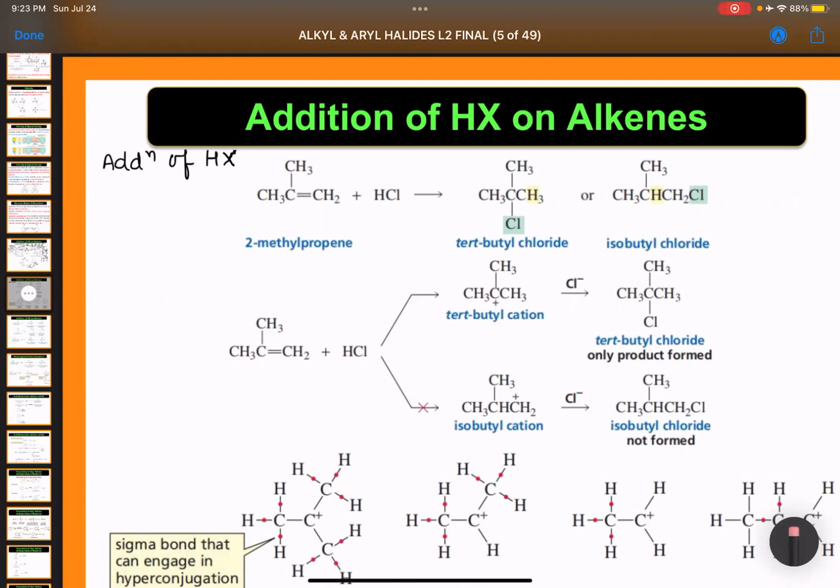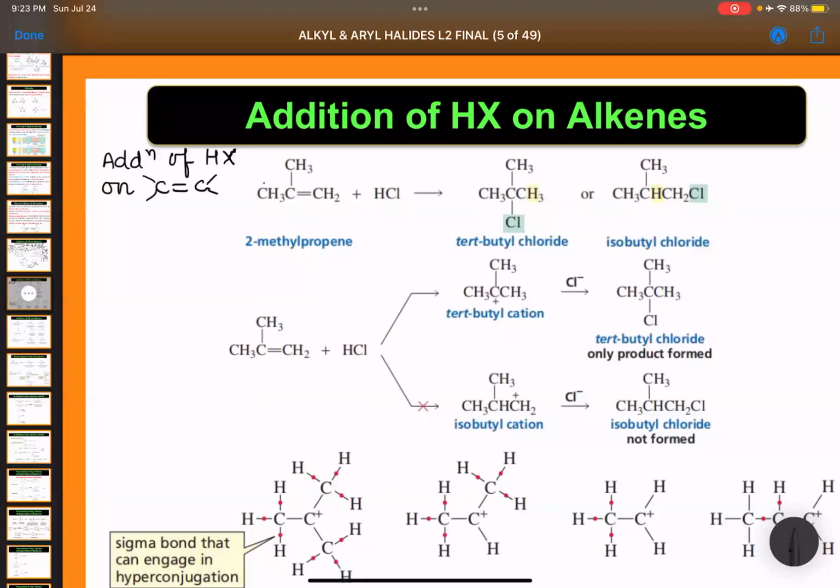HF is not used because it is very slow. So addition of HX on alkene is governed by Markovnikov rule.